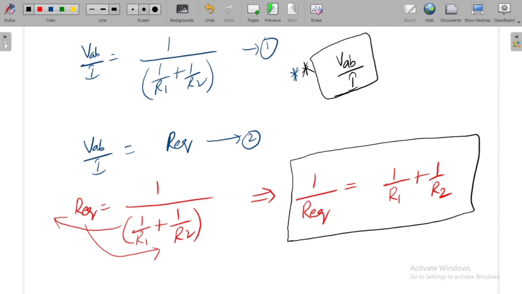If it should not change, the ratio of V to I must be the same in both cases, before the conversion and after the conversion. Right. So in the next video we'll understand another case study of equivalent resistance, which is delta to star connection.